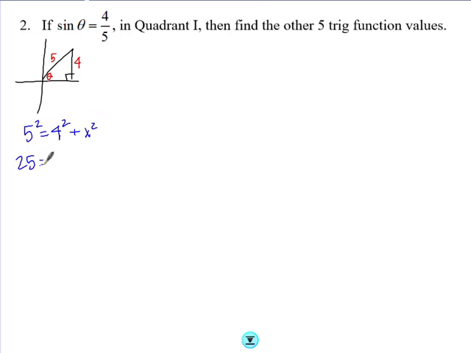So 25 equals 16 plus x squared. X squared is 9, so x is 3. Because we're talking about side lengths of a triangle, we know that the square root of 9 is not going to be negative 3 in this situation. Now that we have our triangle, we can go ahead and write out all of the trig functions.